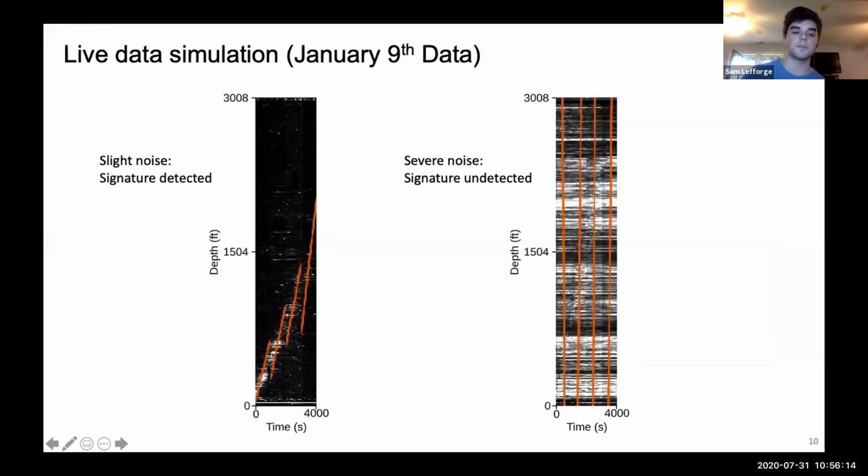You can see on the left, this signature is a little more subtle, but it still does a pretty good job. On the right, the signature here is pretty hard to see, and there's a lot of noise going on in the background. And so here the algorithm failed. So there's certainly still room for improvement with how I'm going about this.